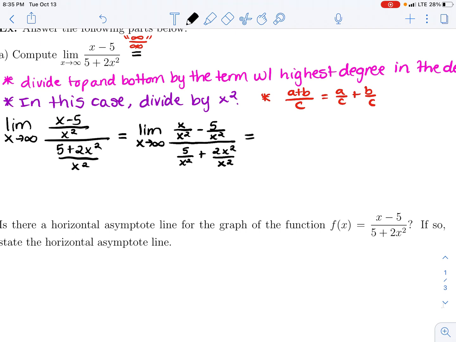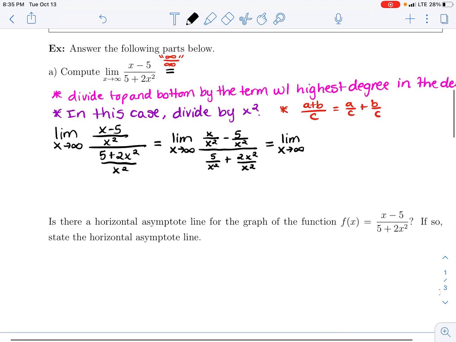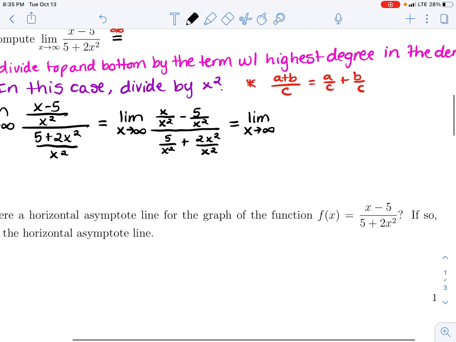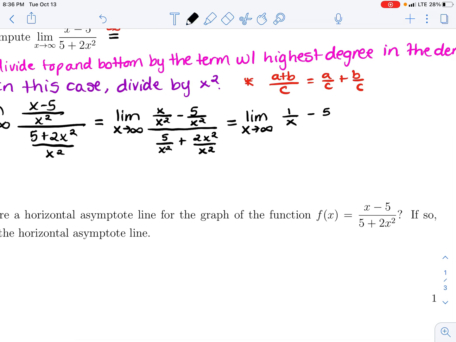And so if I simplify here, the first part, x over x squared, I can simplify to 1 over x, minus 5 over x squared, all over 5 over x squared plus 2.